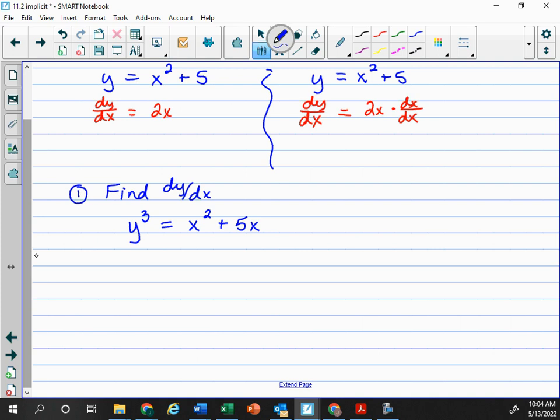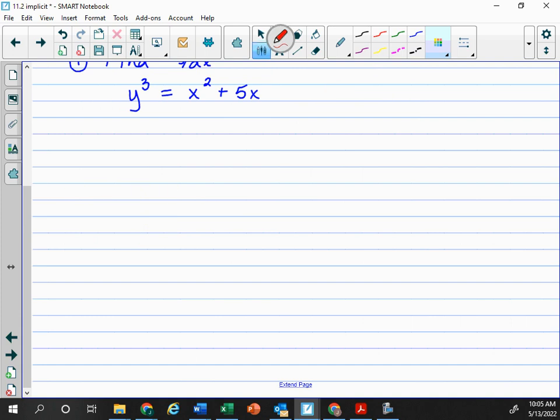Y cubed, right? It's not just a nice y equals. Now, could you take the cube root, solve for y, do some things like that? Yes, that's not what I want you to do. Not every equation will lend itself to that in any clean manner. So we're going to do this with implicit differentiation.